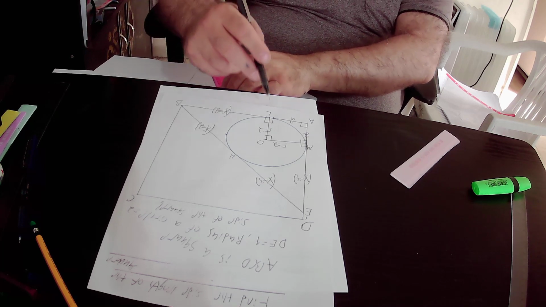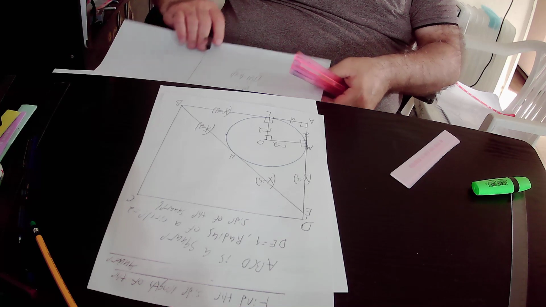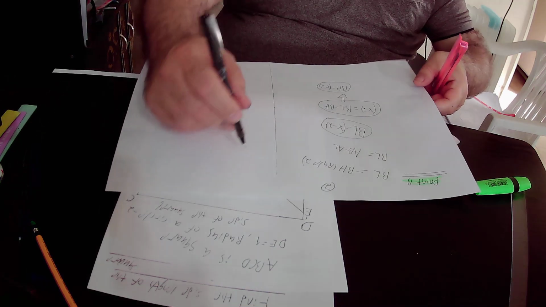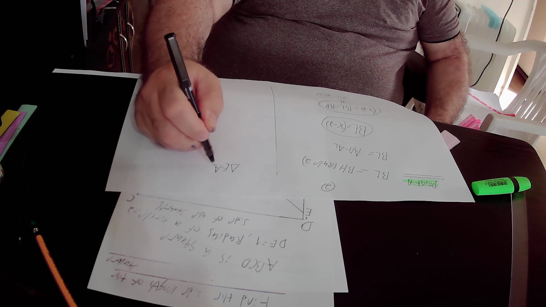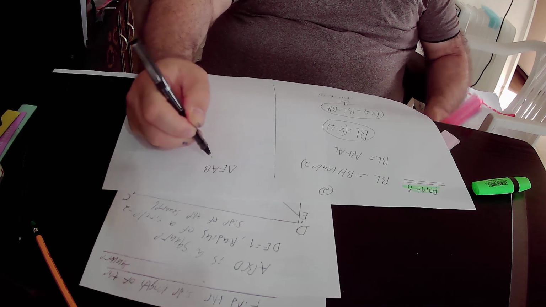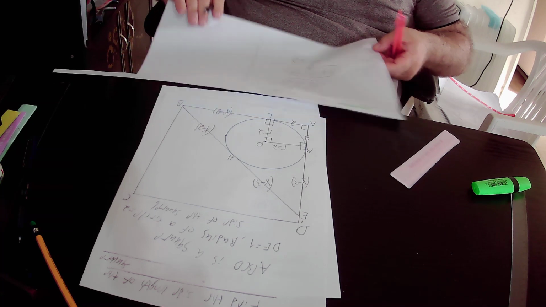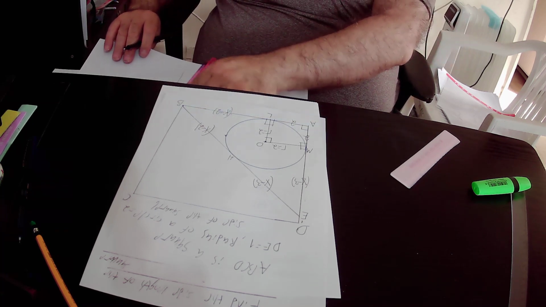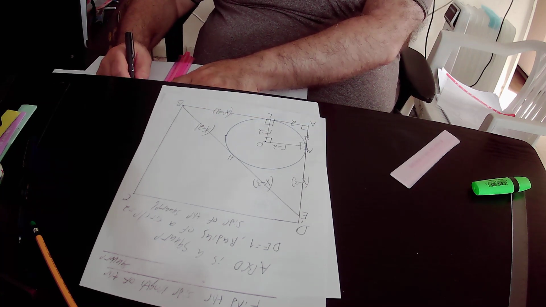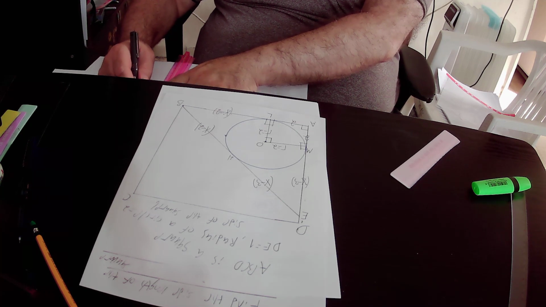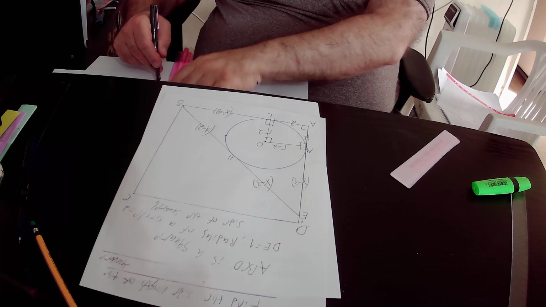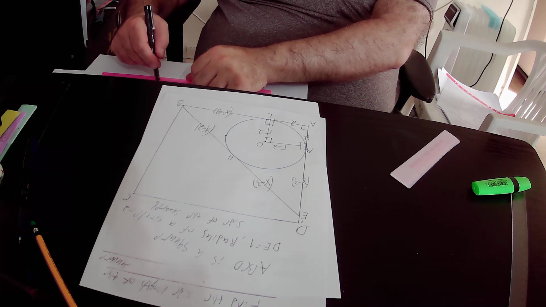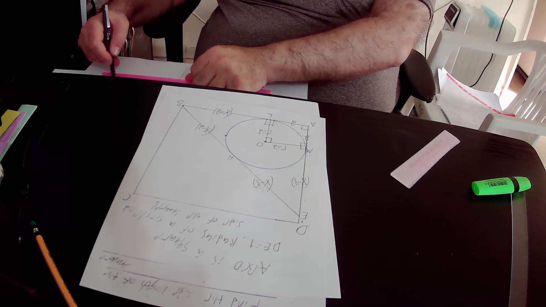So we'll focus on the right triangle EAB. I'll copy the right triangle EAB in a new page and we'll implement the Pythagoras theorem on the right triangle EAB.